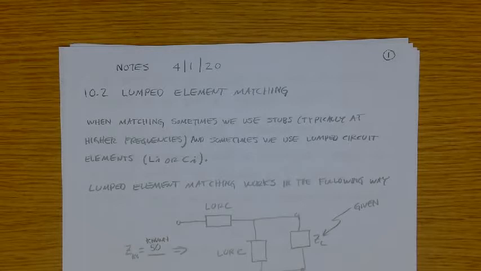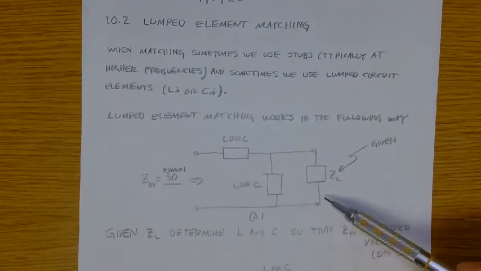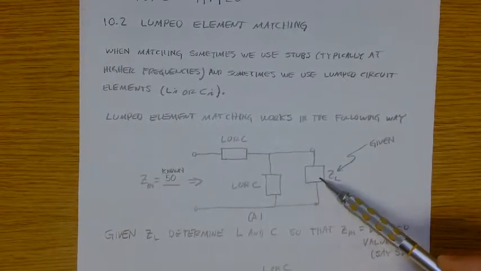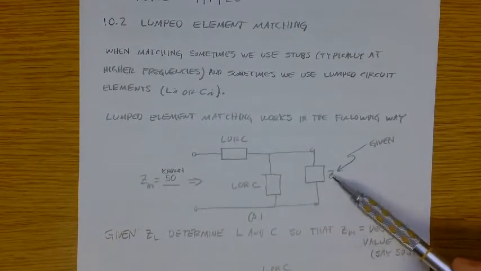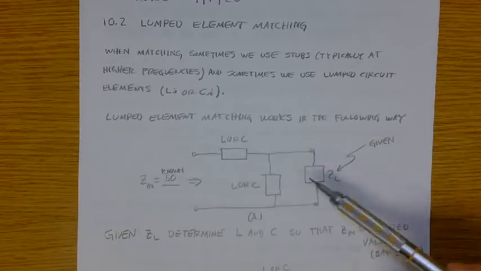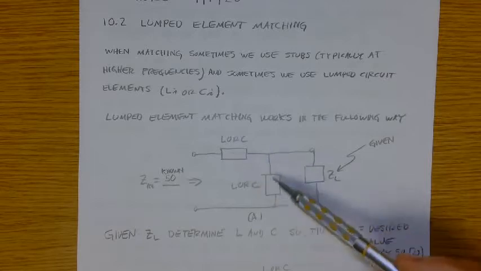Okay. So here's, in a nutshell, what we're trying to do, right? Here is the load impedance, and it's given. It'll be some value. We're going to work an example in a minute where that's 250 minus j250 ohms, right? And so we want to use an L network.